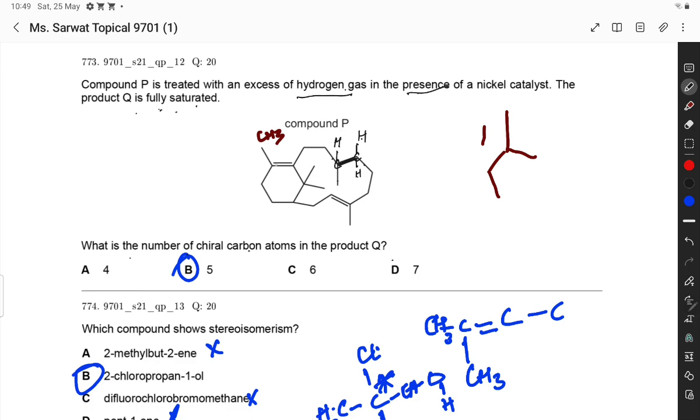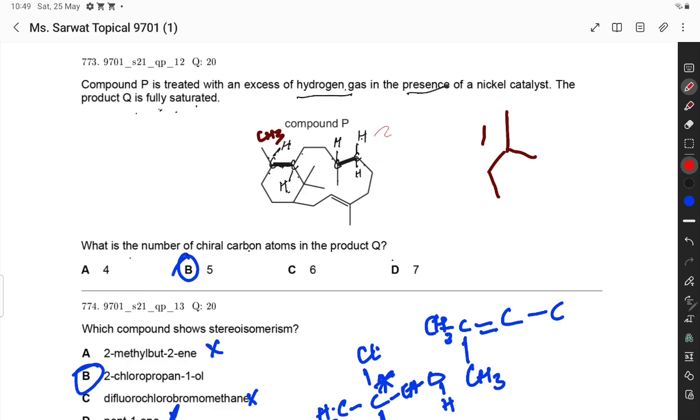This is also going to break down. This carbon is surrounded by hydrogen atoms, and this is carbon 1, 2, 3 and hydrogen is there. So how many chiral centers are there?